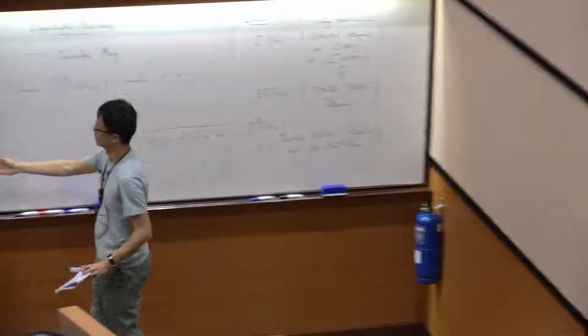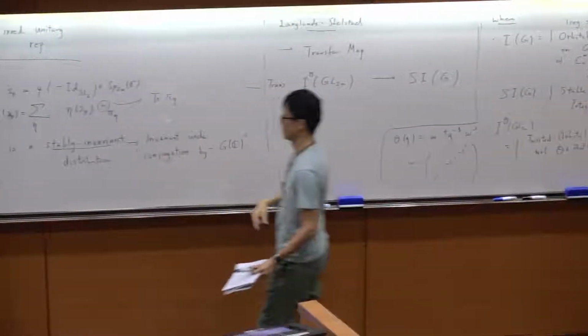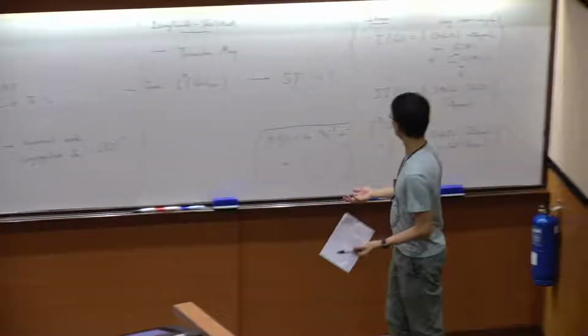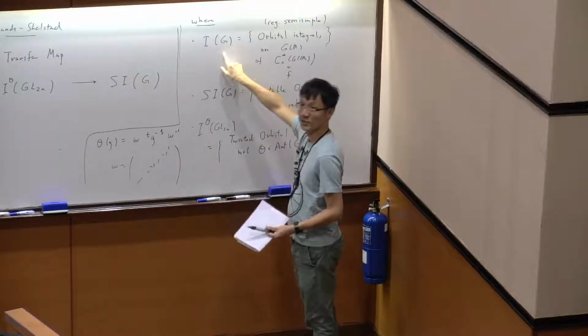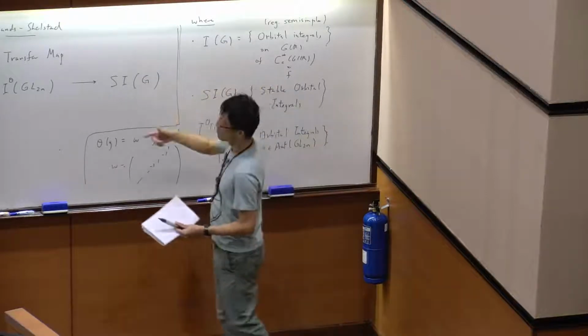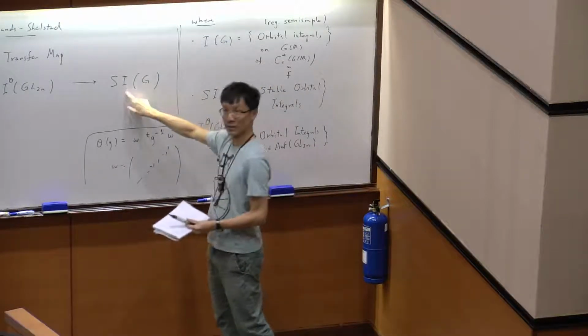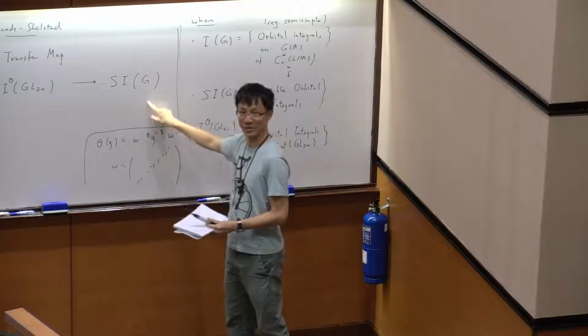Now, we encountered here just now the notion of invariant distributions and stably invariant distributions. An invariant distribution is nothing but a continuous linear functional on this space. And a stably invariant distribution is a continuous linear functional on SI.